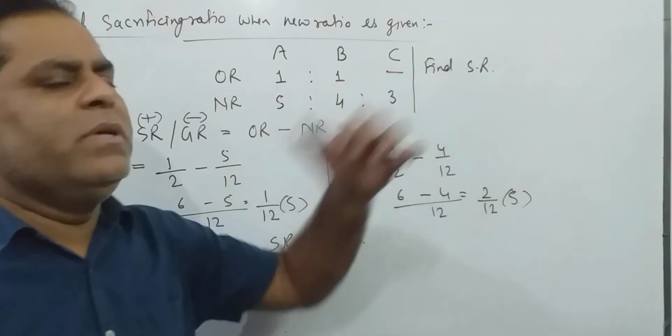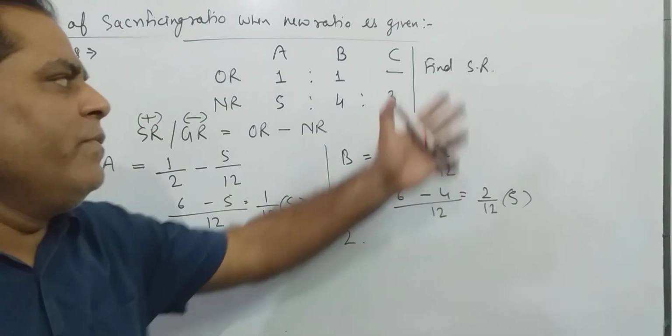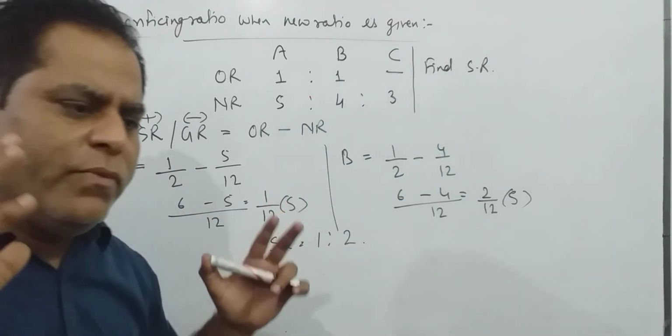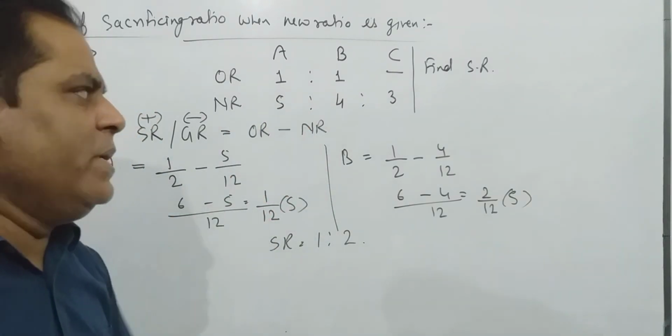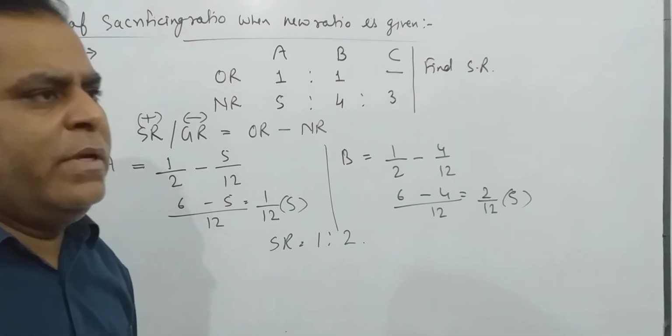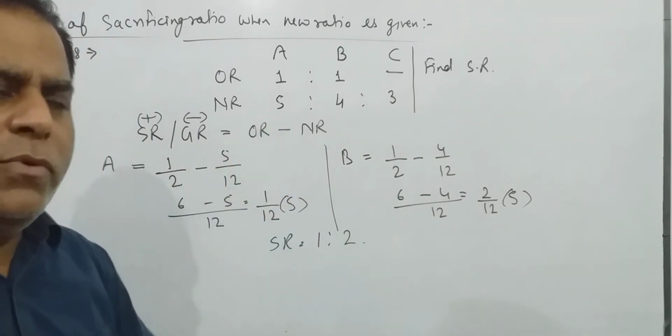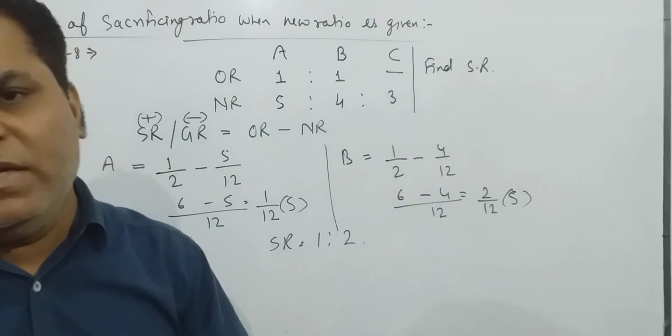Directly you can find out the sacrificing ratio. So in simple words, for determining the sacrificing ratio, your first step is the new ratio. If it is given, then directly apply the formula for sacrificing ratio, gaining ratio. And if the new ratio is not given, you first determine your new ratio, and after that you find the sacrificing ratio.